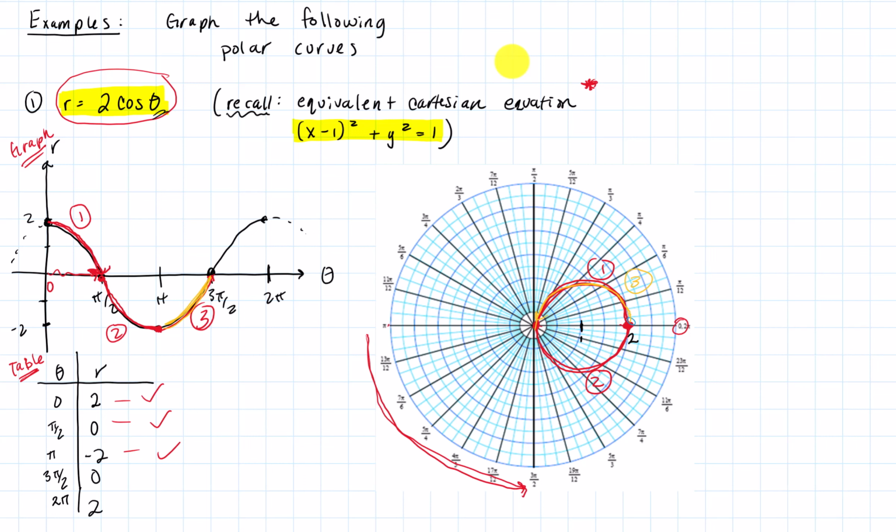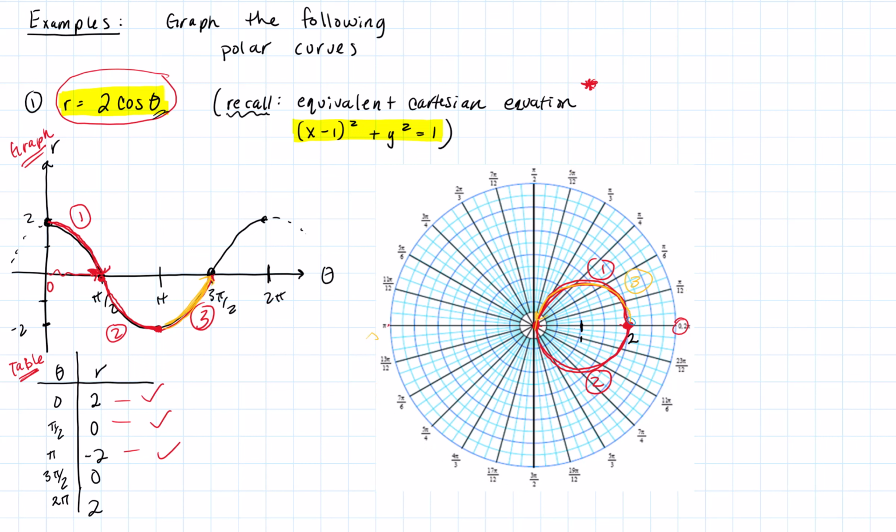Oh my goodness, why did it delete? I think when I scribbled, it deleted it for me. So we're going from pi to 3 pi over 2, which technically, the rays are increasing in this direction, but because of the negative radiuses, we're reflecting and plotting points up in this quadrant.